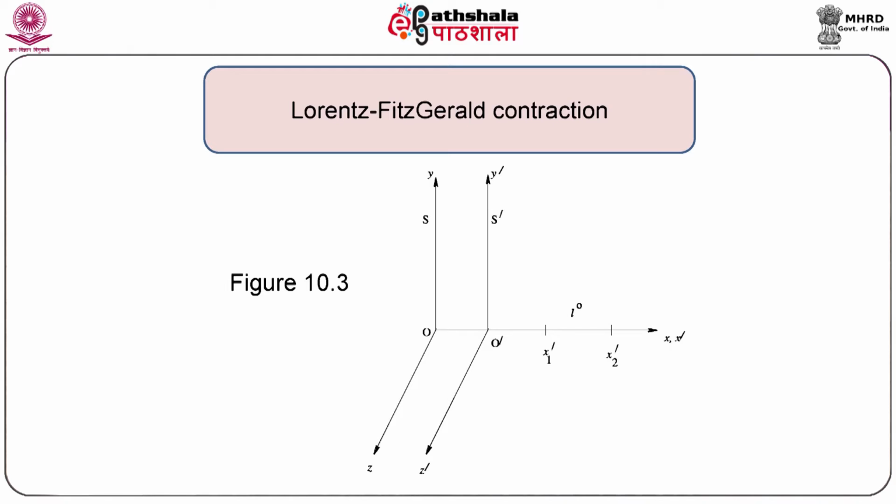Let one end of the rod be at the position x' equal to x1', while its other end is at the position x' equal to x2'. As x1' and x2' are fixed coordinates, the length of the rod L superscript 0 is given by x2' minus x1'.